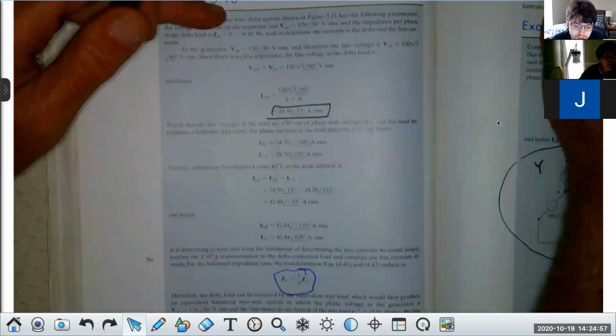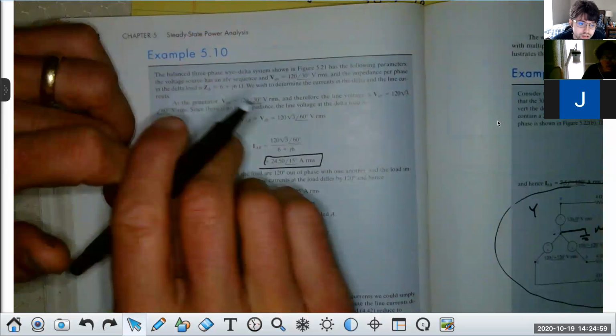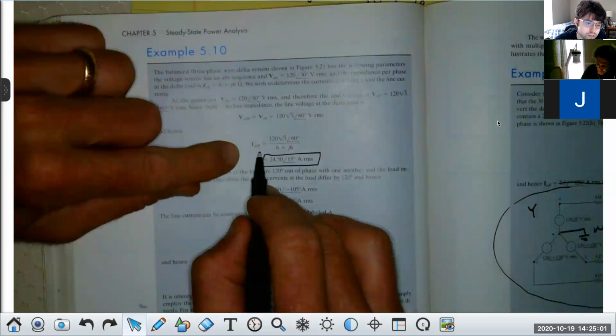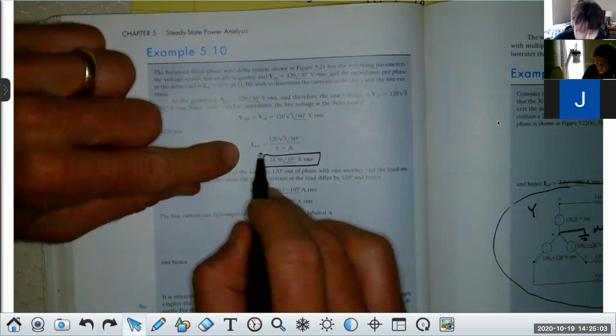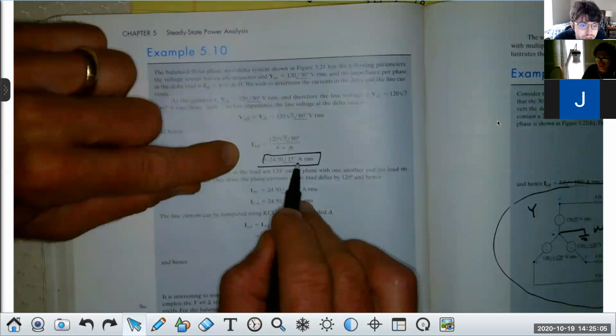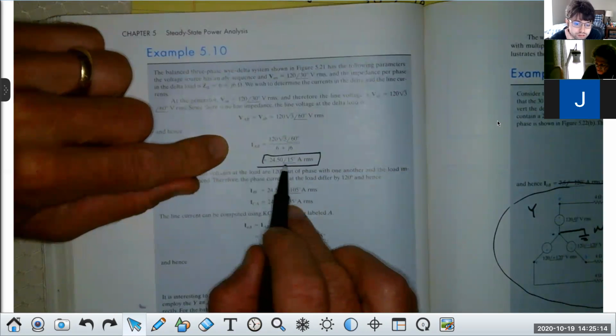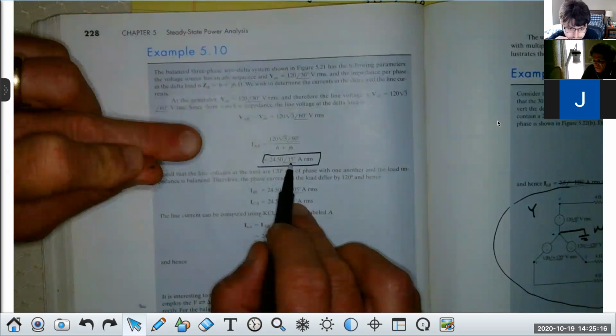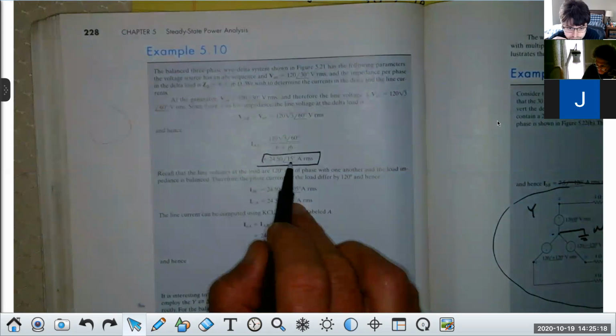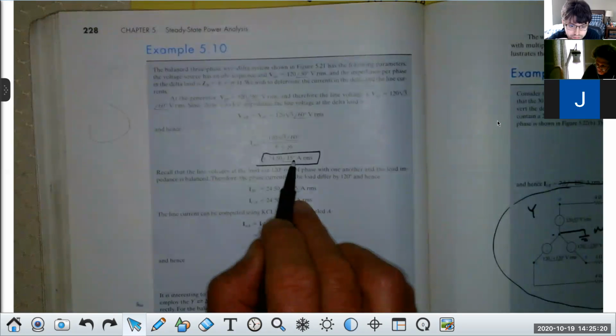So if I take a look at this just for a second, suppose I have I_AB, that would be a current in the delta load at a magnitude and angle. You follow me? Can you see that I_AB right here? Yes. A magnitude and angle. Now, the actual magnitude of the line currents goes up by the square root of 3, and the angle is reduced by 30 degrees.